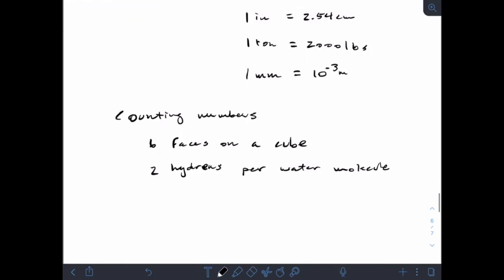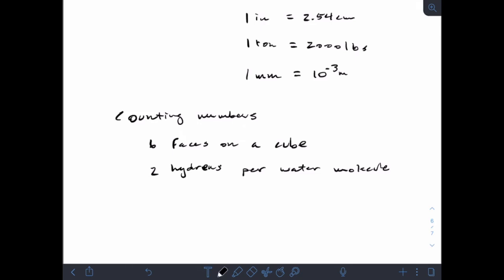You can think about counting the number of people in a room or cars on the street. For example, you're not going to say that there's 4.6 human beings in the room. You're going to say that there are either 4 human beings or 5 human beings.